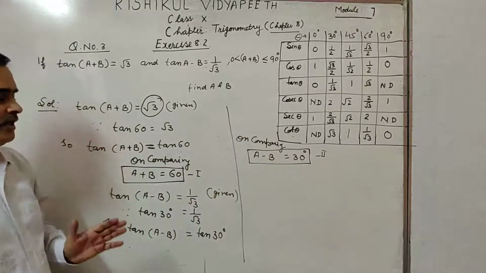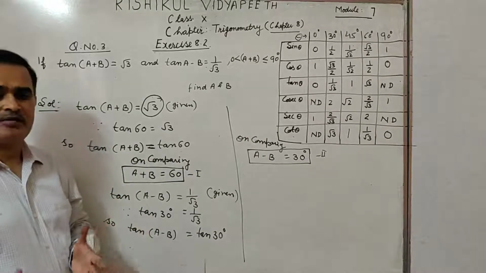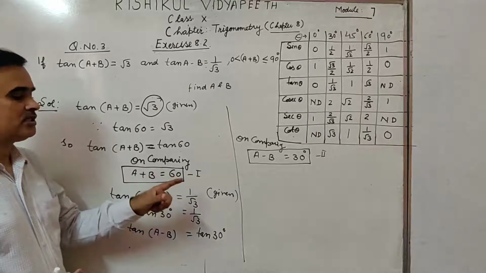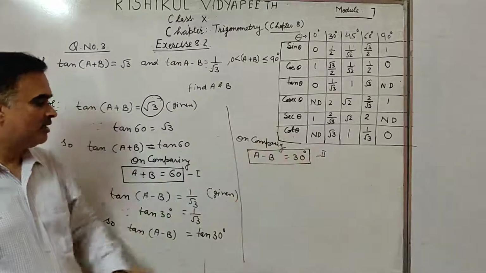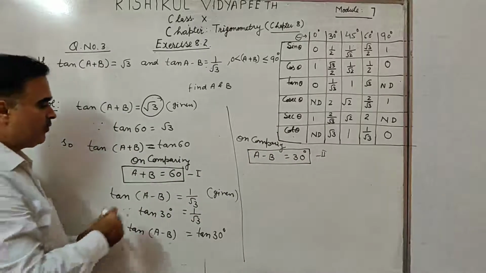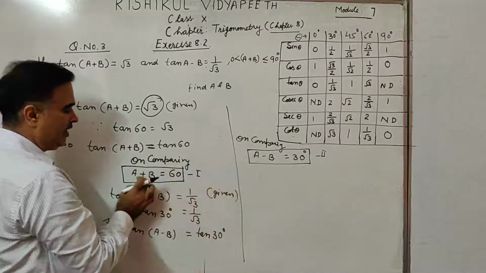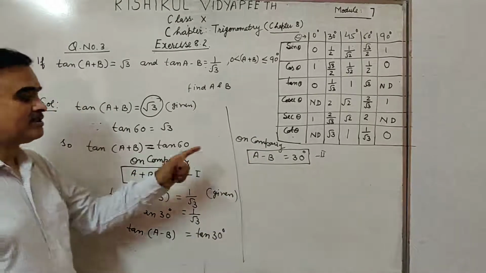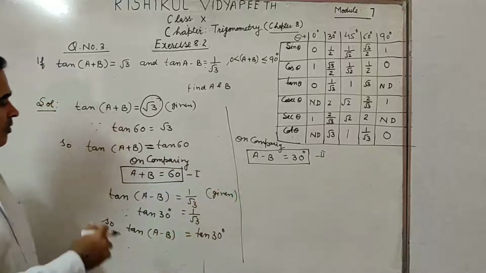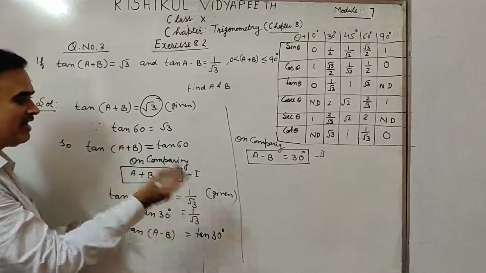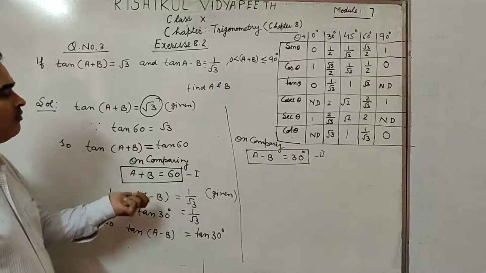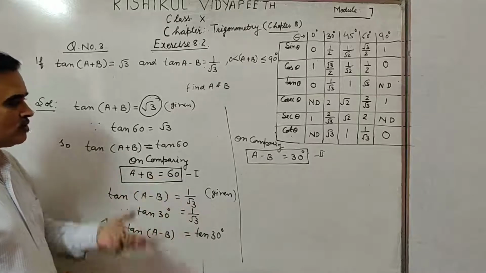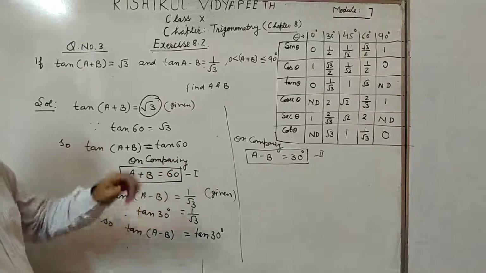If it is given, then how can you find the values of x and y? Same way here also, if a plus b equal to 60 and a minus b equal to 30, then how can you get it? Here b is same, here it is plus, here it is minus. If we add, b is cancelled. If we subtract, then a is removed. So my dear students, either by subtracting or adding, you can get one variable value. We can say elimination method, substitution method, any method you apply and solve this for a and b.